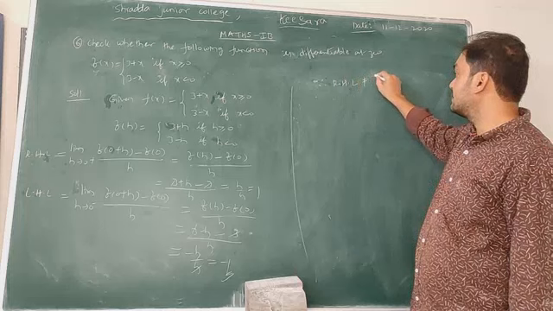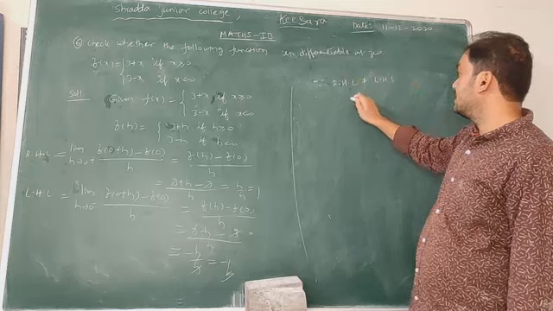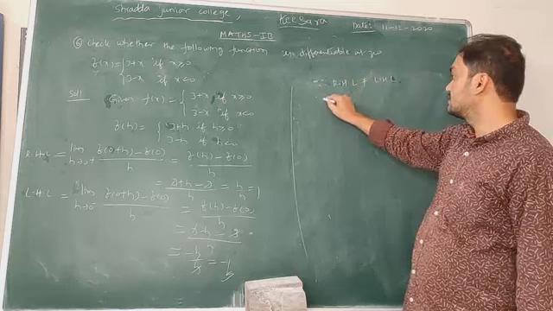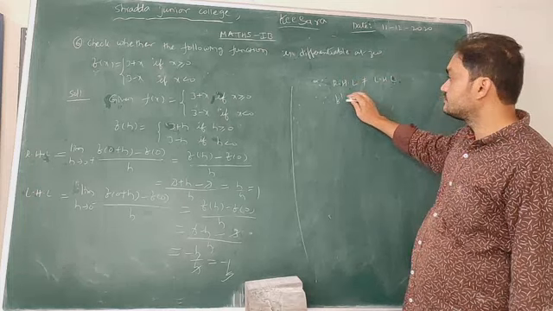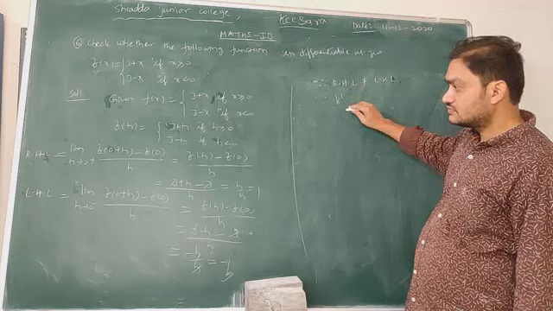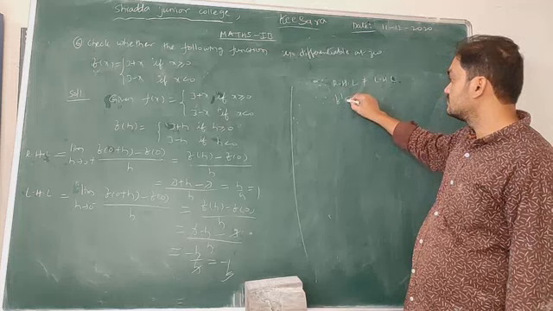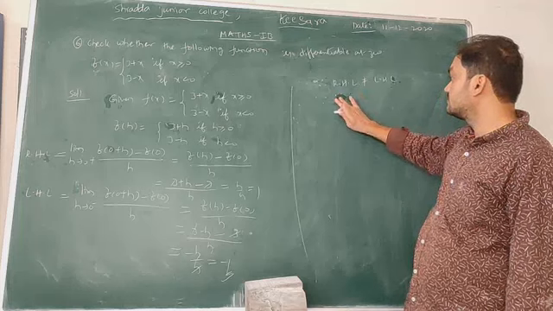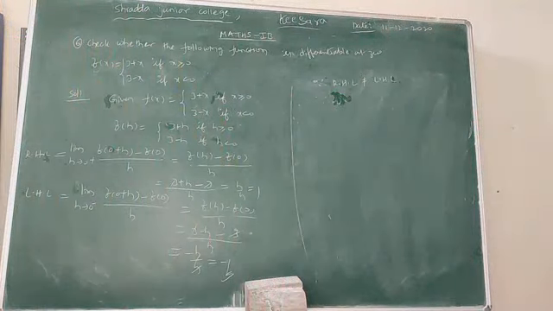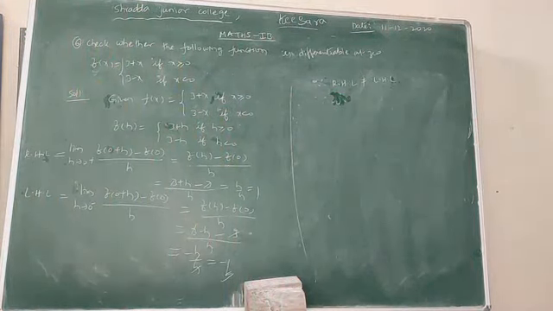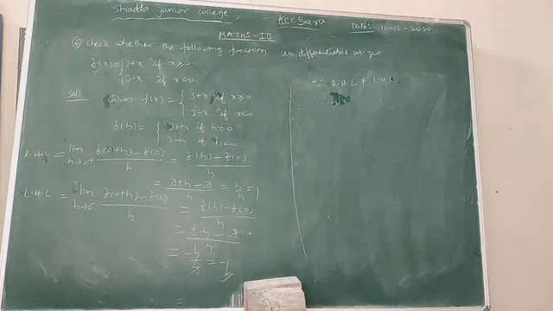right hand limit is not equals to left hand limit. Therefore, f dash of 0 plus is not equals to f dash of 0 minus.